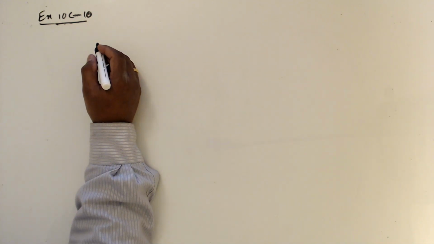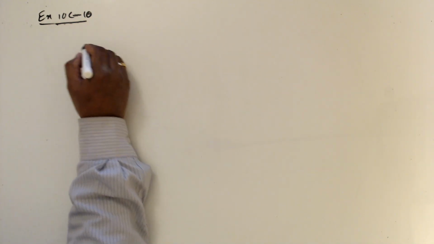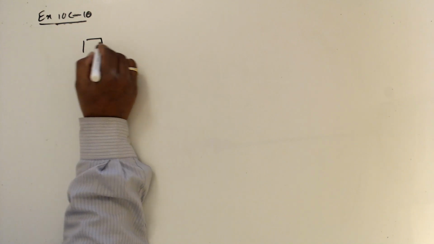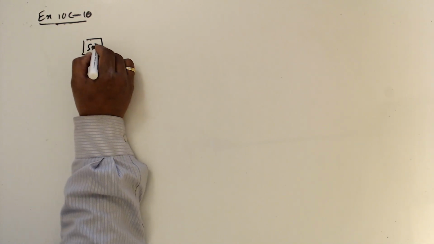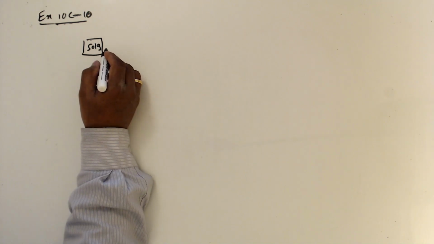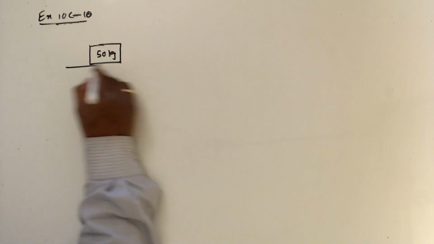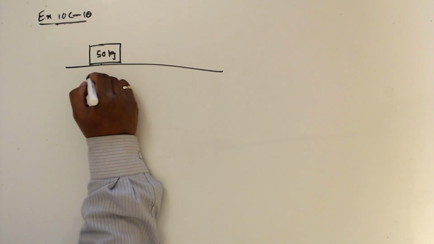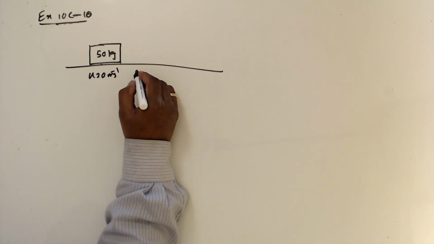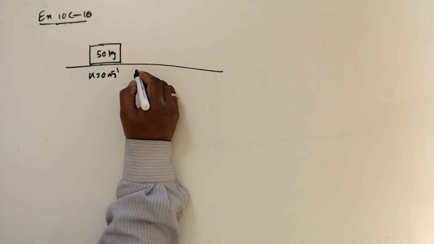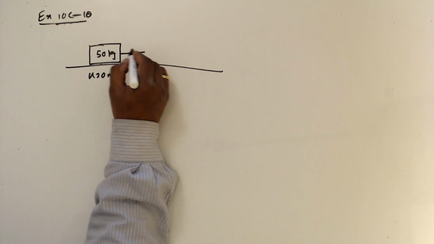Question number 10. The trolley of mass 50 kg is pulled from rest, u equals 0 ms^-1, along the horizontal by means of a rope. So there's a rope attached to it.